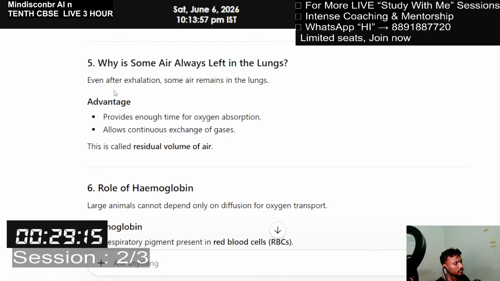After completion of exhalation, a little amount of air is still present inside the lungs, to provide continuous exchange of gases and give enough time for oxygen absorption.